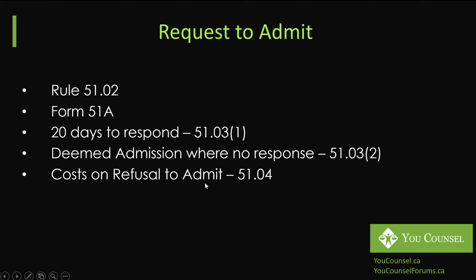So if there's something that is reasonable to accept because the other party will be able to prove it at trial, then you're better off admitting to the truth of it, because if you don't and you're not able to disprove that fact or the authenticity of that document, then the court will penalize you by awarding a cost against you or by awarding you lesser cost than you may be entitled to. So this is one of the reasons why request to admit is important.